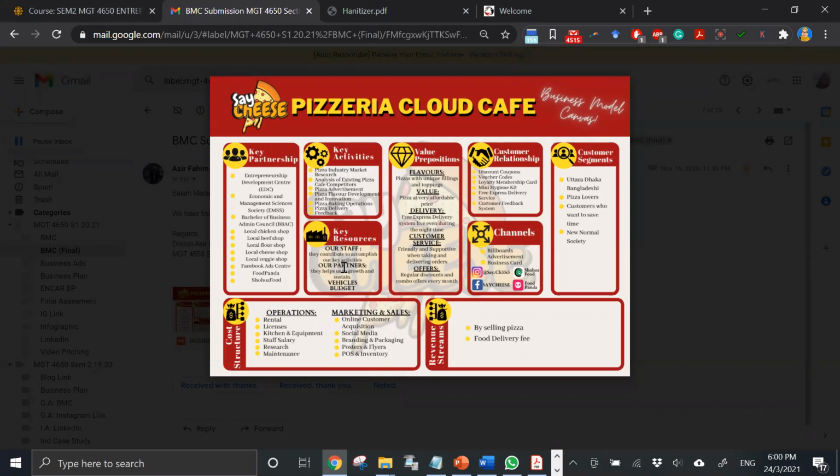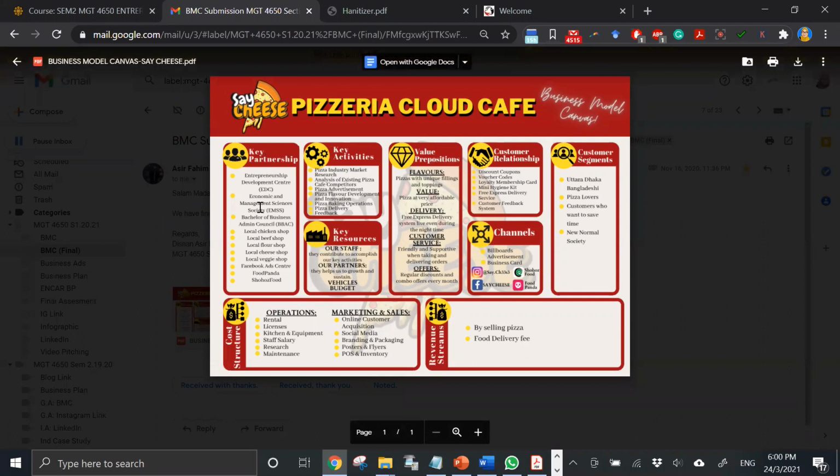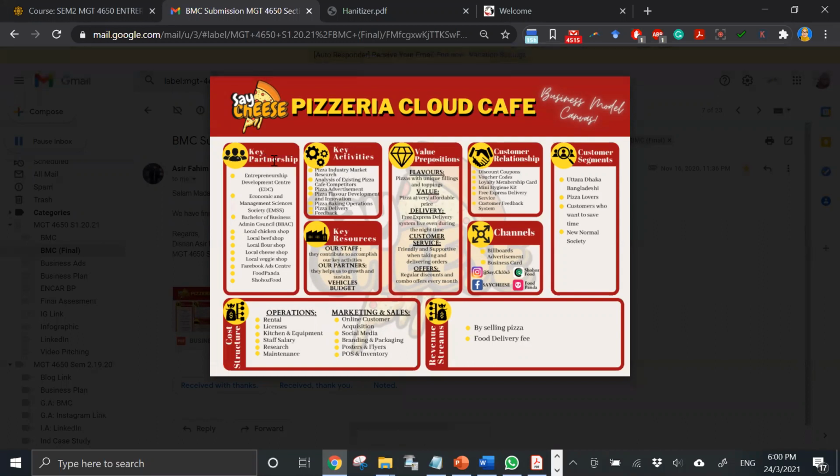Bank loan is under key resources, because it is part of the capital. So key partnership is about the event planner, supplier, courier, e-commerce, or maybe some marketing things.